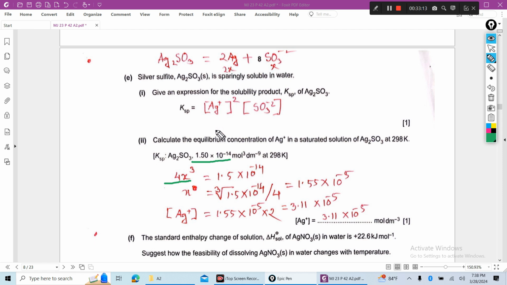If you keep here 2x, so 2x squared times x, so 4x squared into x, I mean 4x cubed equals 1.50 times 10 to the power minus 14. So if you solve it, you get the x value. So silver ion is 2 times, 2x is produced. So concentration of silver ion is this times 2, 3.11 times 10 to the power minus 5 mole per dm cubed.